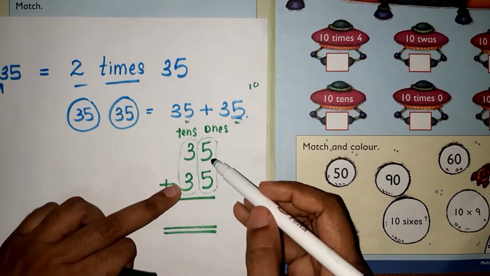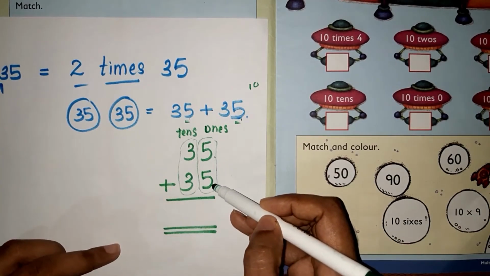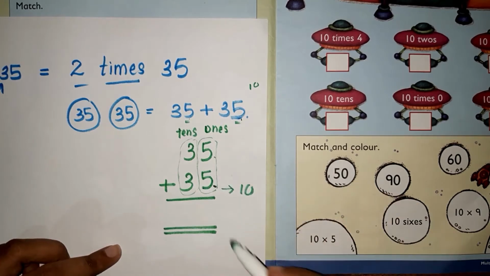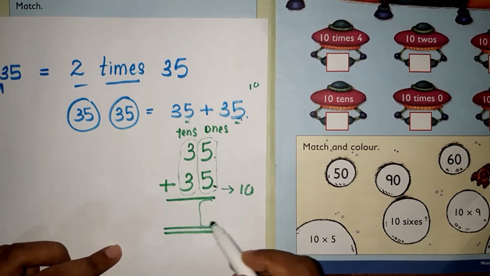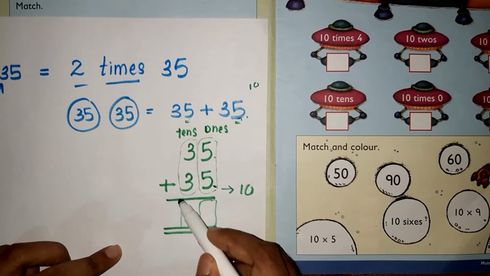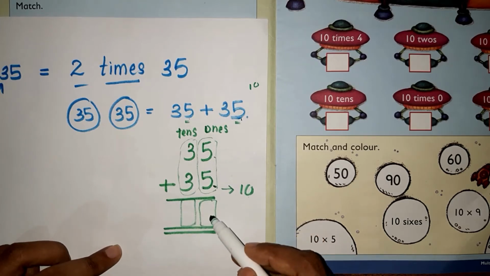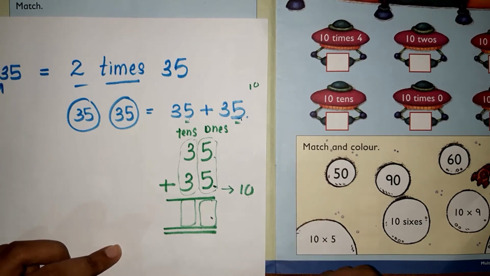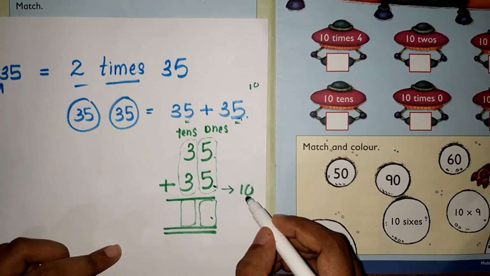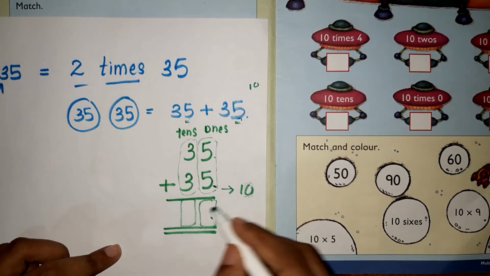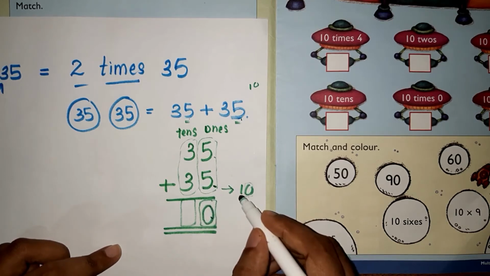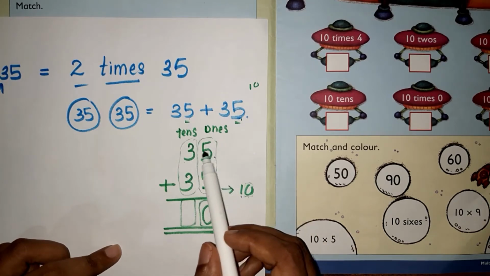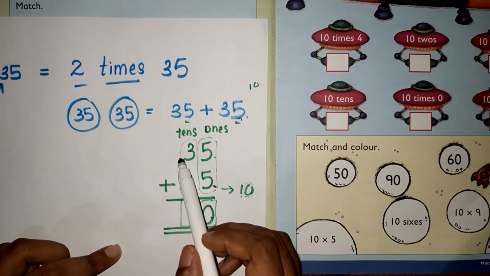Now 5 plus 5 we will have 10, but since we have only one place in each part, we can't write a 2-digit number here under the ones place. So what we do is we write only the 0 here, and we take this 1 to the neighbor's side. The neighbor of ones is tens.